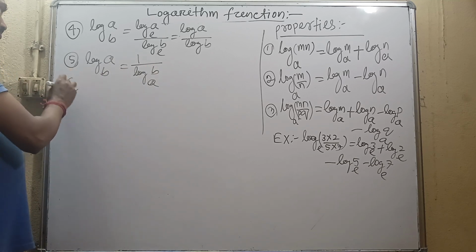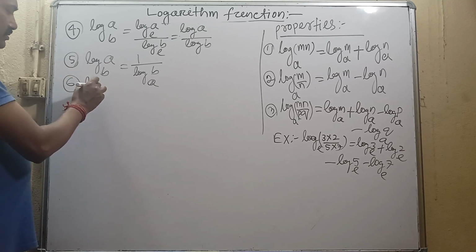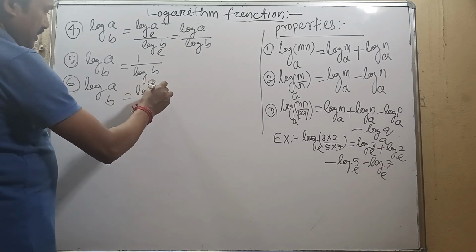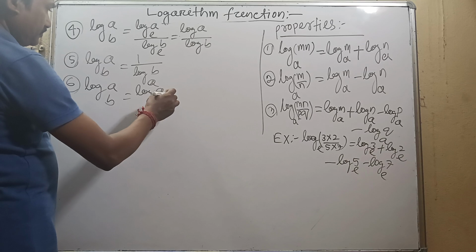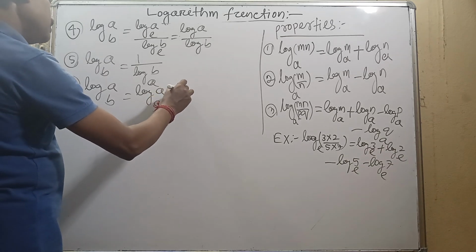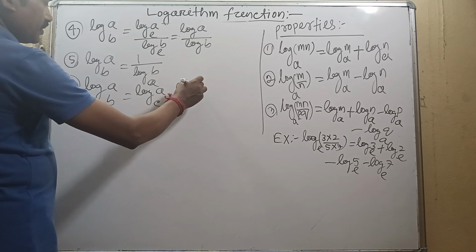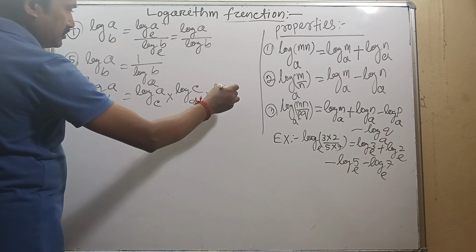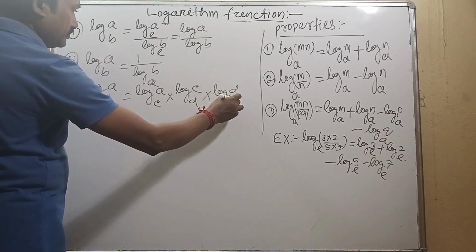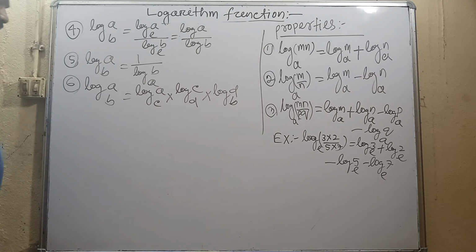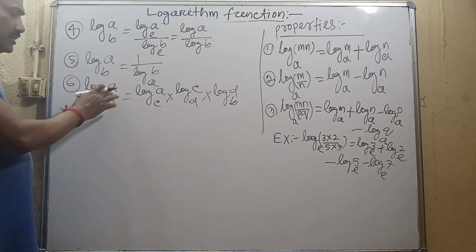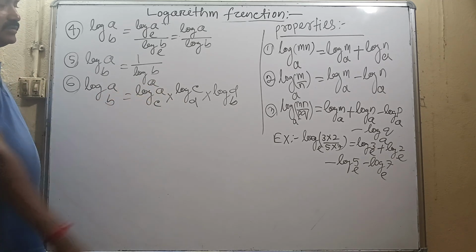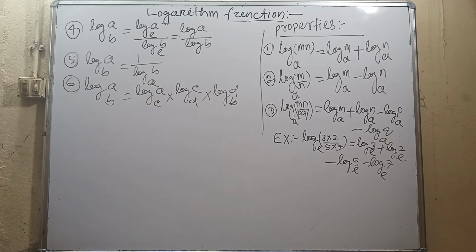Then number 6: log a base b equals log a base c into log c base d into log d base b. This is the chain formula: log a base b equals log a base c into log c base d into log d base b.